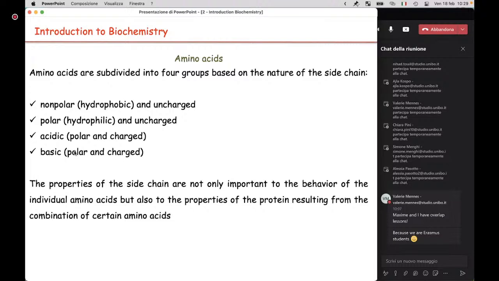Okay. Every amino acid, according to this classification, produces some kind of effect in the structure of the final protein. And also, if we have some groups of amino acids together, they can form specific structure in the protein. Okay.